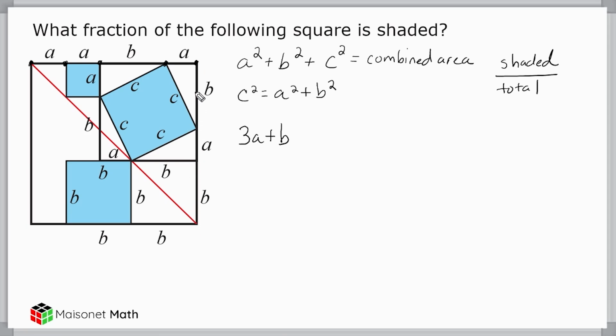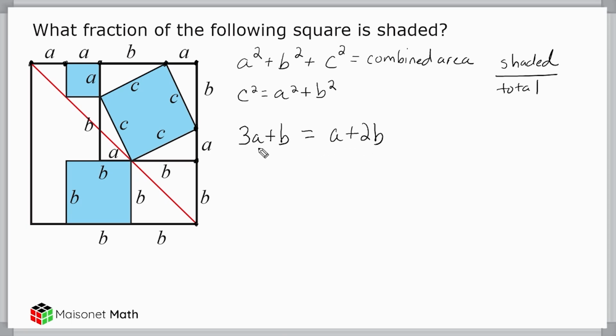Here we have a distance of B plus A plus B. So we could summarize this as A plus 2B. And because this is a square, this side is equal to this side. So we can say 3A plus B is equal to A plus 2B.